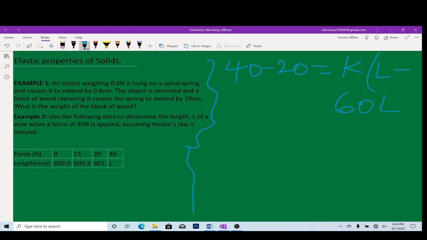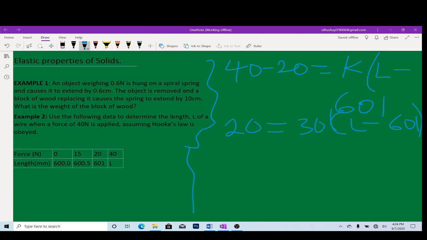Sorry, 601. This is 20, which can be equal to 30 open bracket, L minus 601. And how do you go with that?